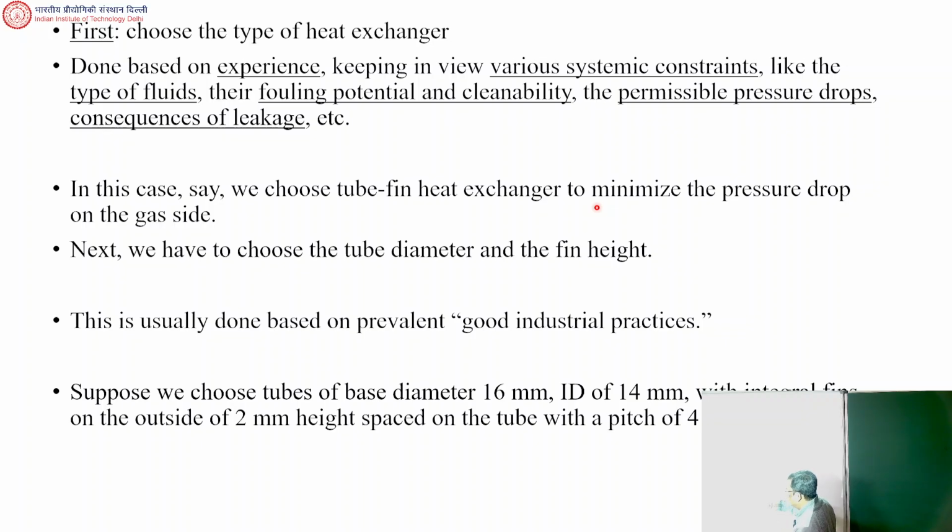So suppose we choose tubes of diameter 16 mm. If we say base diameter of 16 mm, it might mean an inner diameter of 14 mm. And then we also have integral fins on the outside with 2 mm height, spaced on the tube with a pitch of 4 mm.